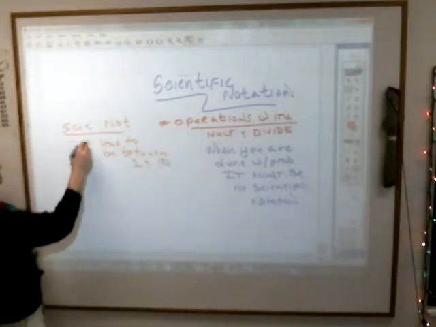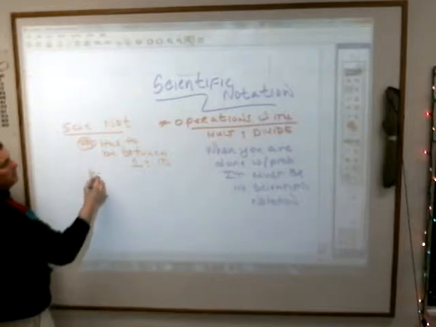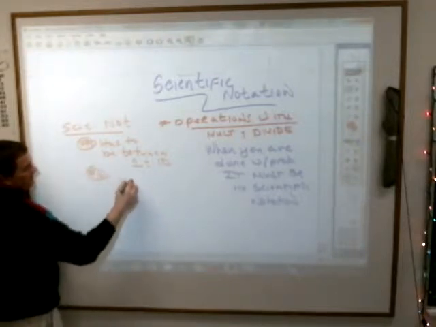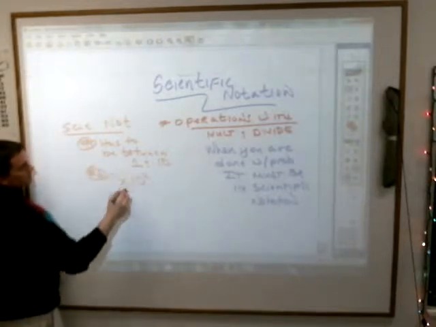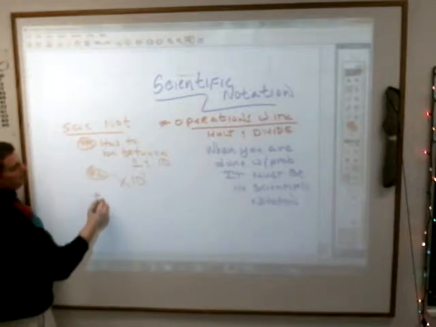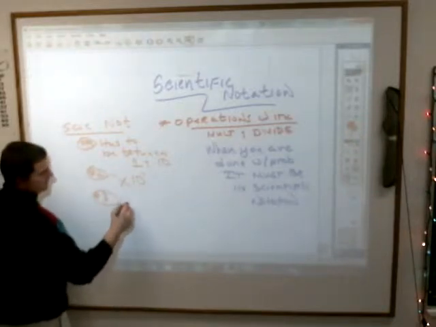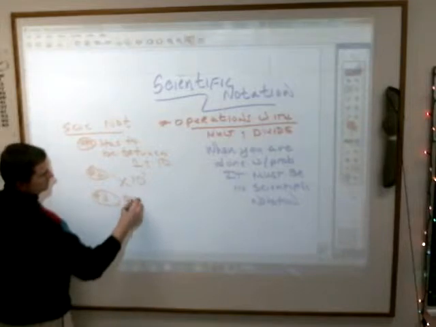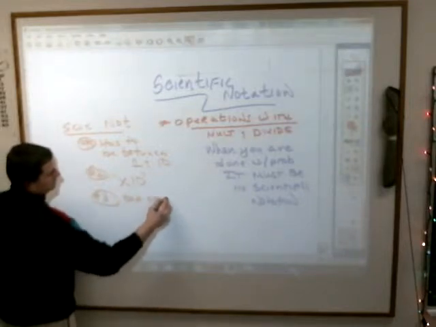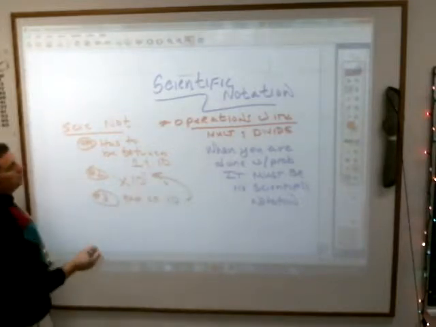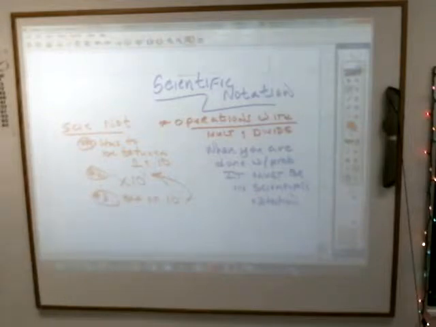That's point number 1. Number 2, you have to have the times 10 thing. And number 3, there has to be an exponent of 10. Those 3 things have to be there to make it scientific notation.